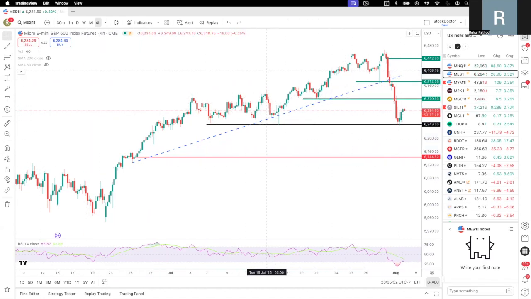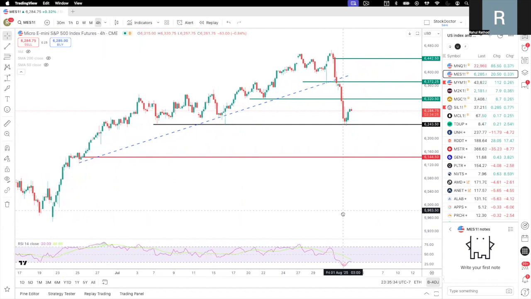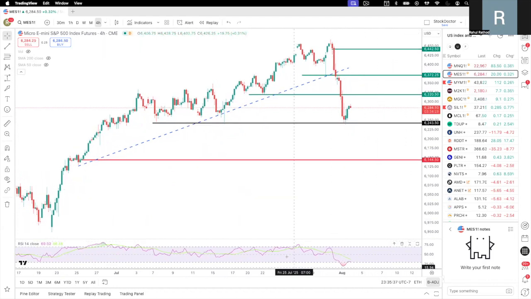So this says that the upside momentum broke on the 4 hourly time frame. It got broken here, correct? And after that, you can see the downside. Now I'm seeing that it has given a correction, and then again a reversal. So this is a reversal area. Right now it is trading at 6284.